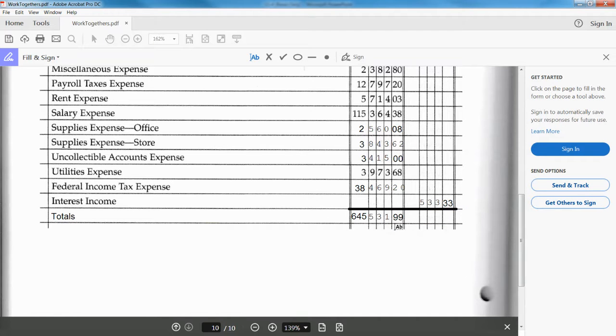And now that I have the income summary in the right column, this side also adds up to 645,531.99. And since they equal, we can now do our double rule.